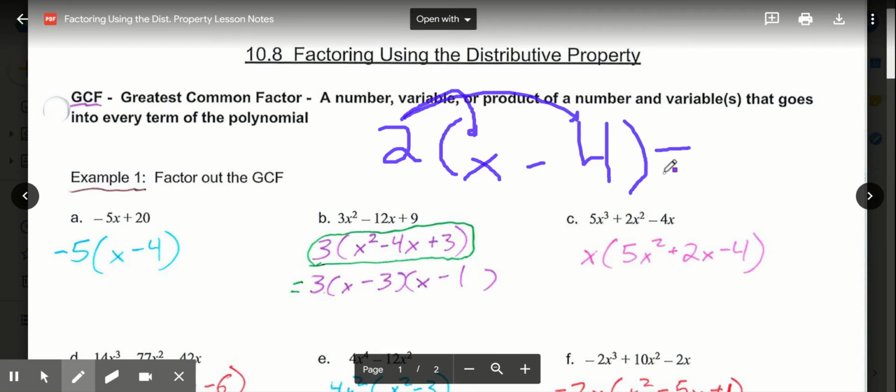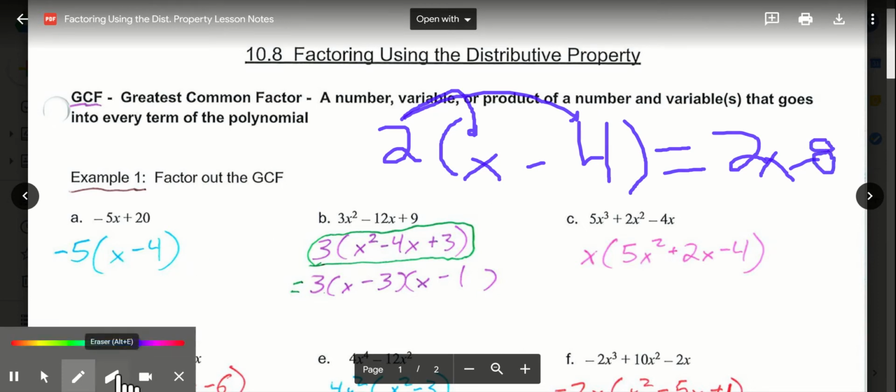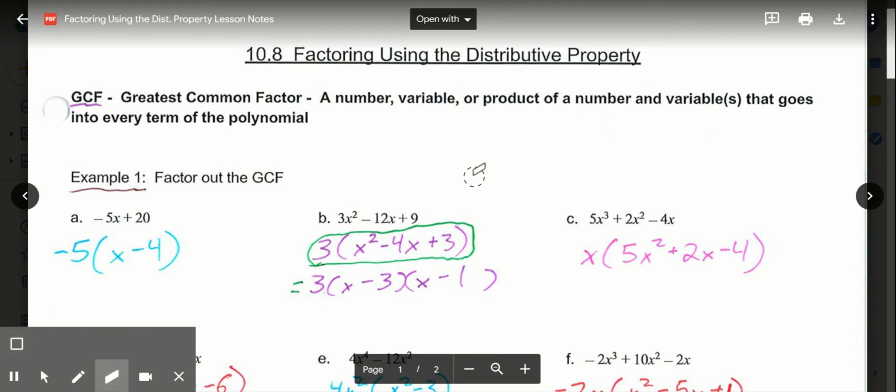So your final answer here would be 2x minus 8. Just a refresher on the distributive property quickly.